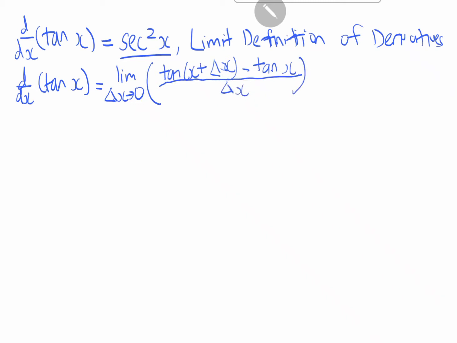So we'll start off with this. And for this one, we can use the trigo addition formula. So let's go into details.